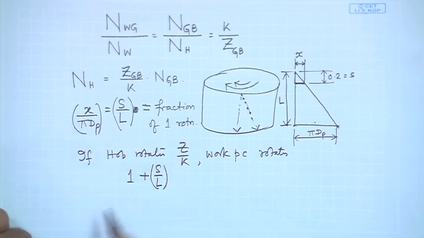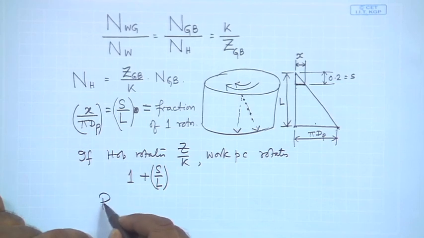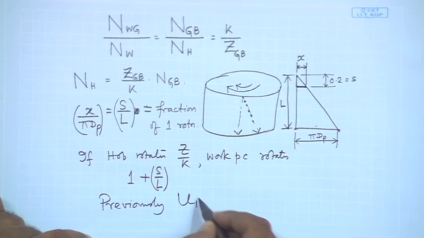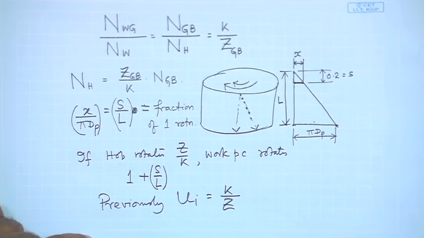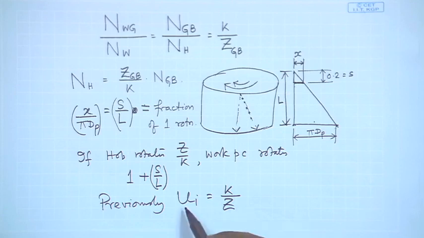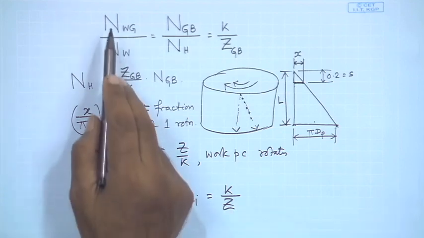Hence, the gear ratio previously, UI, was equal to K by Z. If you started from the hob and went through all the gearings, the other gears and belts and bevel gears, etc., they were 1:1, you would have had this to be K by Z, output by input.